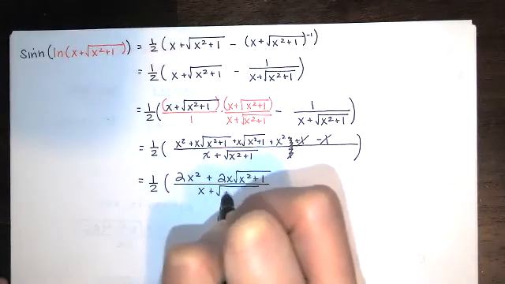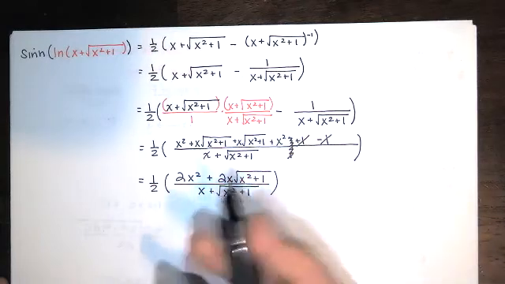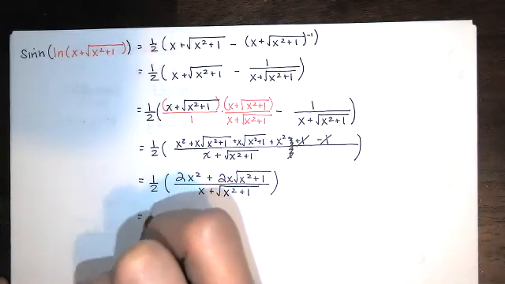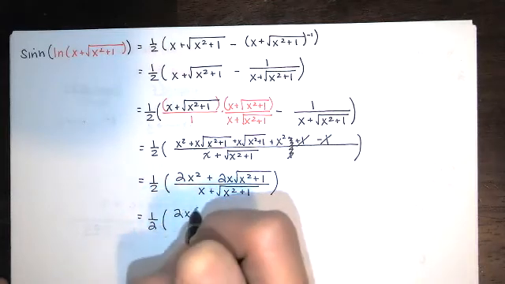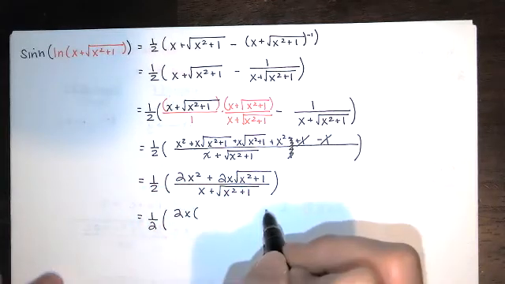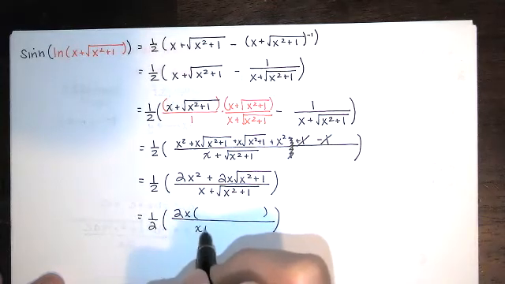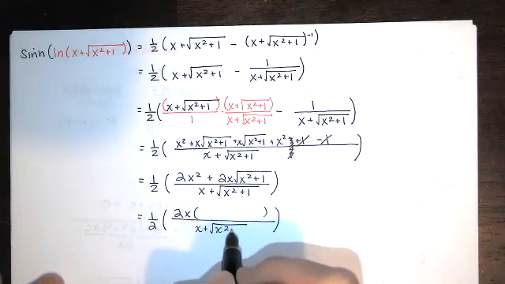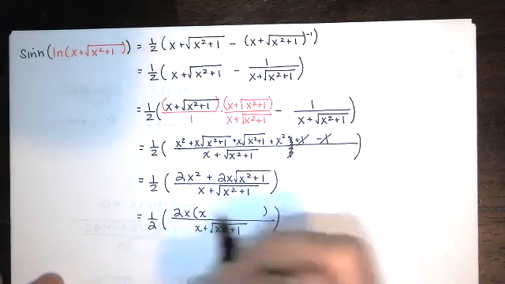You guys see it coming? It's a lot of algebra. Factor out a 2 and an x. We've got a 2 and an x in common in the numerator. Say 2x times what gives us that 2x squared, it's just an x.